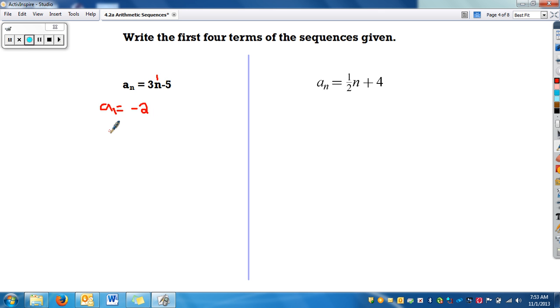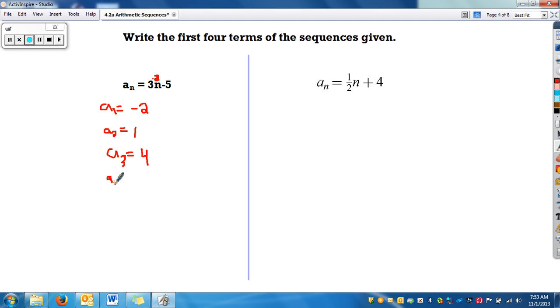so my first term is -2. Then I need to find a sub 2, which means what is my second term? So I plug in 2. Instead of 1, I now have 2. 3 times 2 minus 5 is 1. Then I find a sub 3. Plug in 3. 3 times 3 is 9, minus 5 is 4.